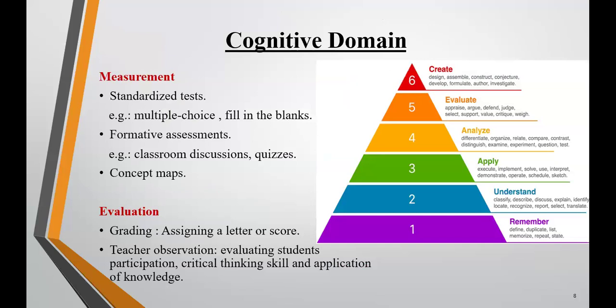Measurement used in this method: standardized tests like multiple choice, fill in the blanks, and formative assessments, classroom discussion and quizzes, concept maps. Evaluation methods: grading, assigning a letter or score to them, and teacher observation, evaluating their participation, critical thinking skills, and application of knowledge.